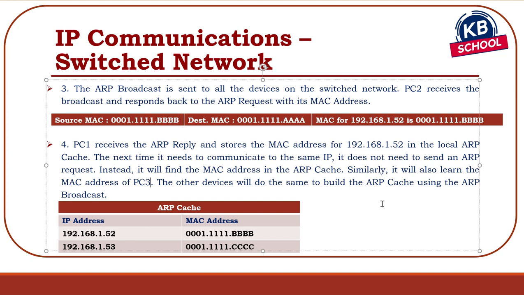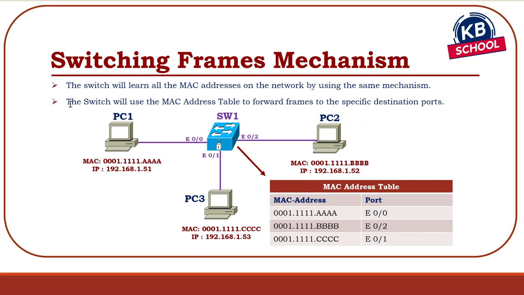The other devices will do the same to build the ARP cache using the ARP broadcast. So the ARP request, the broadcast packet, will be used on a need basis to build your ARP cache, which is built on each one of those devices. So right now, once everybody has communicated at least once to each other, you are going to see an ARP cache over here, which is going to say if I want to reach 1.52, sorry, my destination MAC address has to be this.